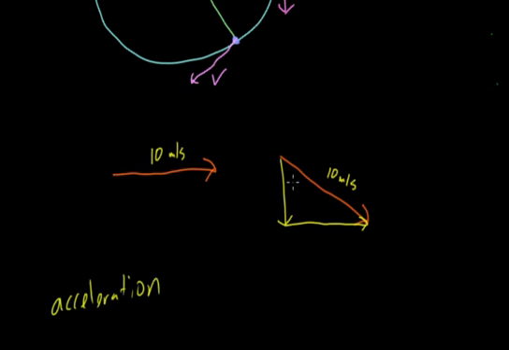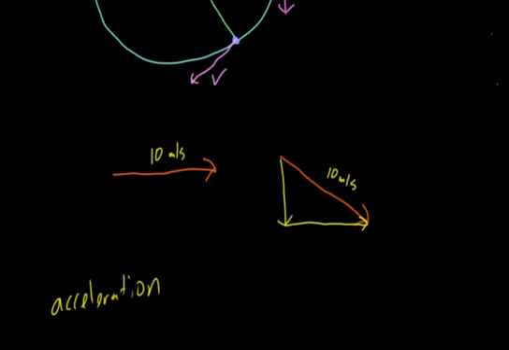And how has the object accelerated? Well, to go from this vector to this vector, we must have had some kind of downward push because we have a downward component of velocity now. So there must be some sort of downward acceleration. But there also must be some sort of backwards acceleration, right?